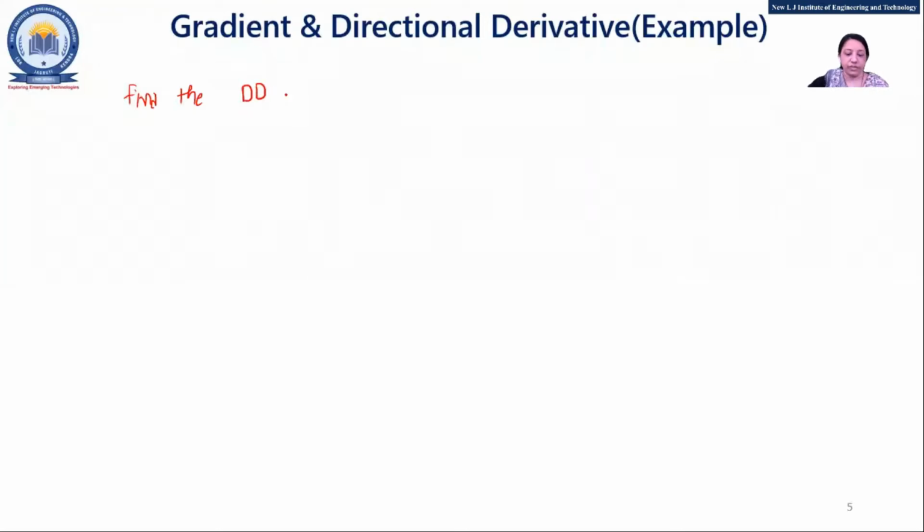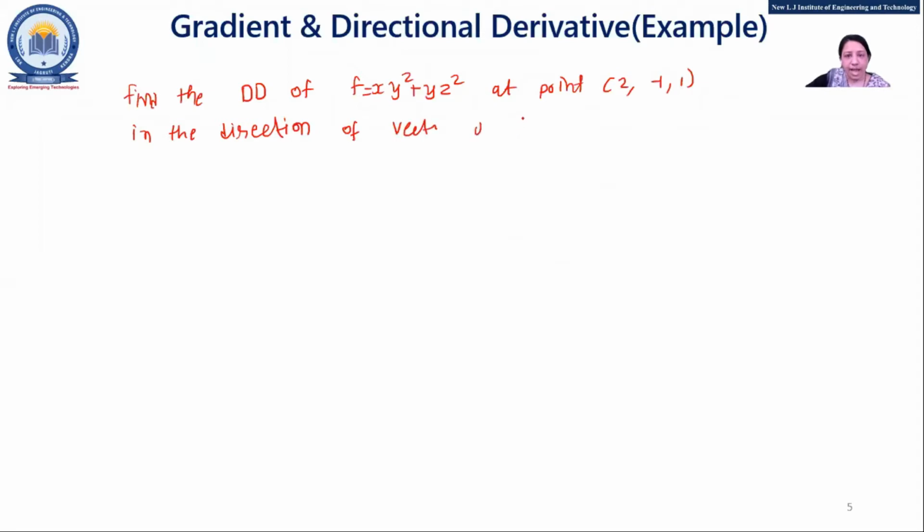Find the directional derivative of the function f equal to xy square plus yz square at point (2, minus 1, 1) in the direction of i plus 2j plus 2k. When directional derivative is given, it is always given in the direction of a vector.